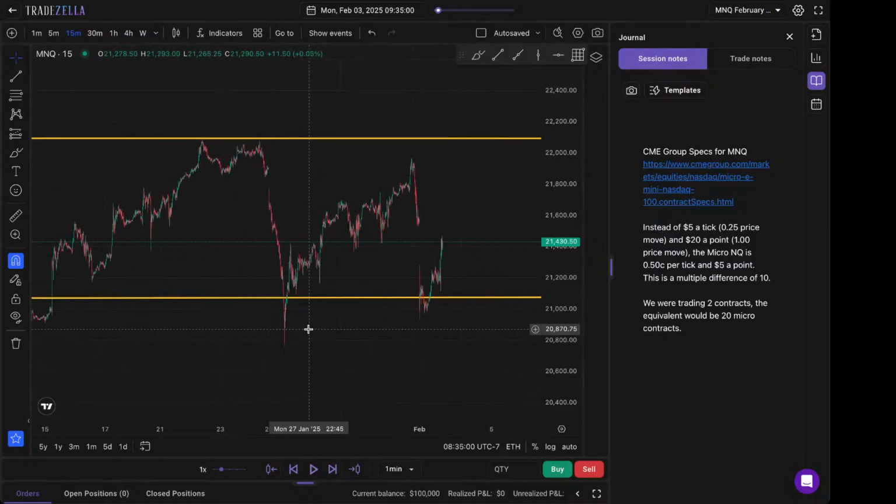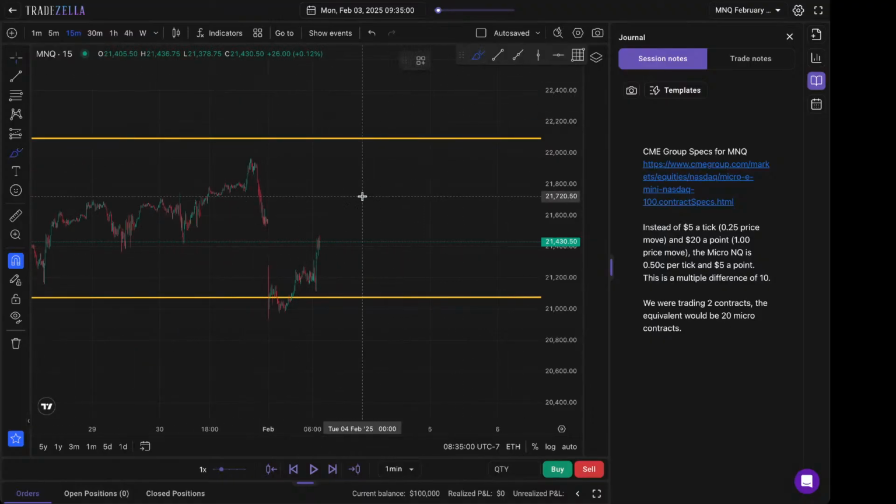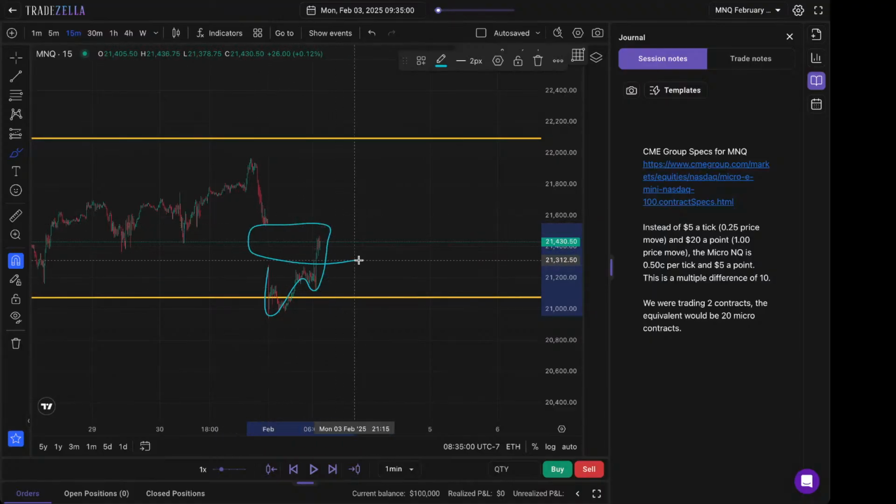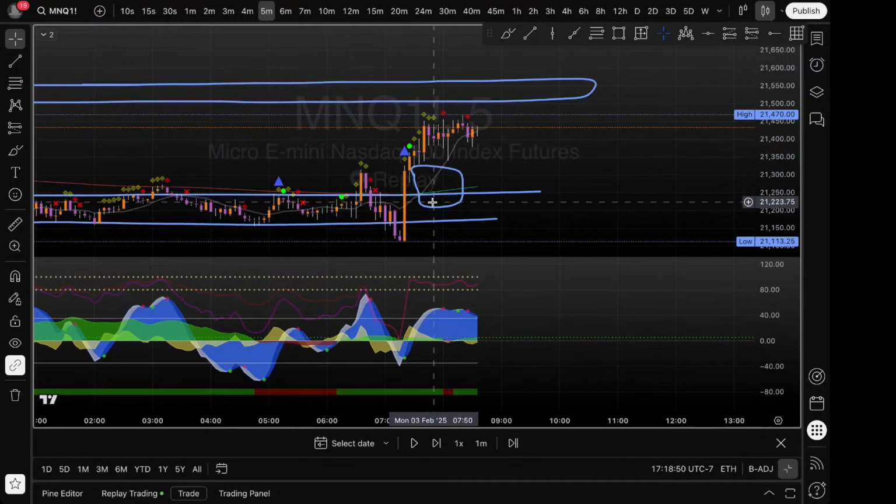So this is all that's really happening, folks. She came down. She wants to fill this gap. This is where we could start to see some resistance. So I think 340. Yeah, which is right there.